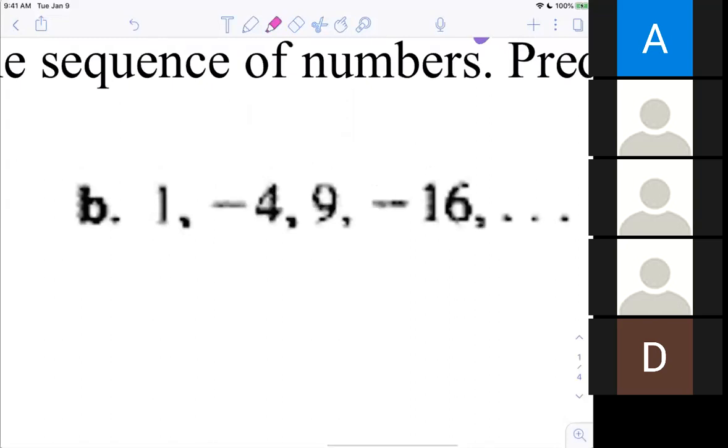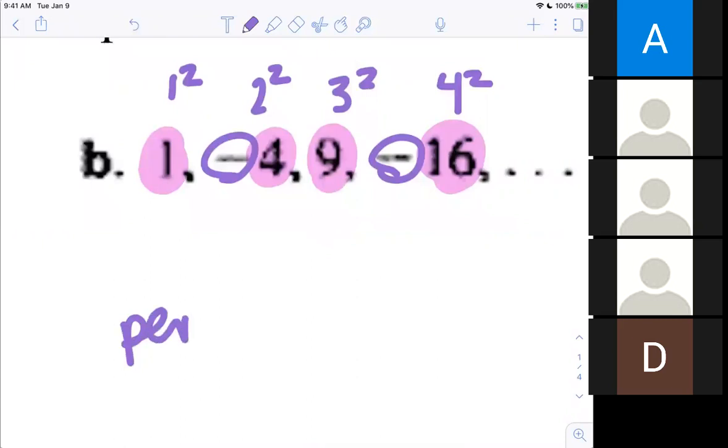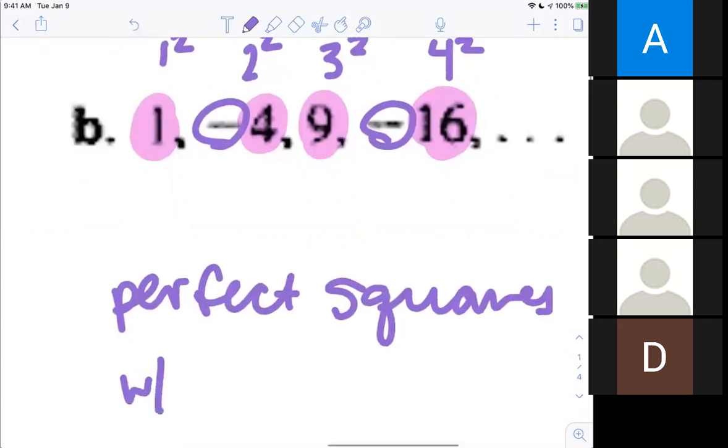If I look at these numbers, I have 1, I have 4, I have 9, and I have 16. Those are all special because they're perfect squares. 1 is 1 squared. 4 is 2 squared. 9 is 3 squared, and 16 is 4 squared. The only other thing that I have going on is every other one of them is negative. So when I describe this pattern, I'm going to say perfect squares with alternating signs.